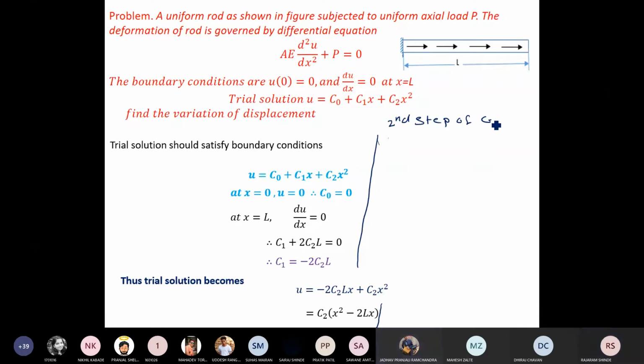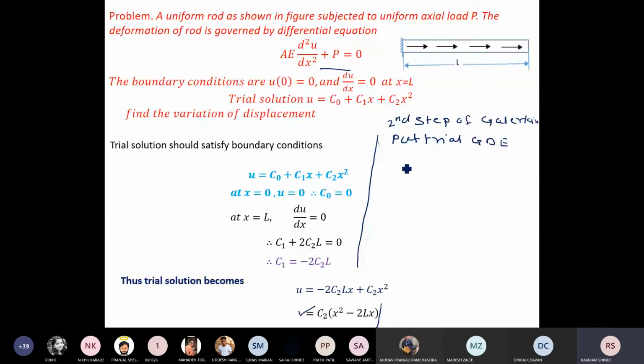Put the trial solution in the governing differential equation. This is your governing differential equation. Now we need to put this trial solution in this governing differential equation.